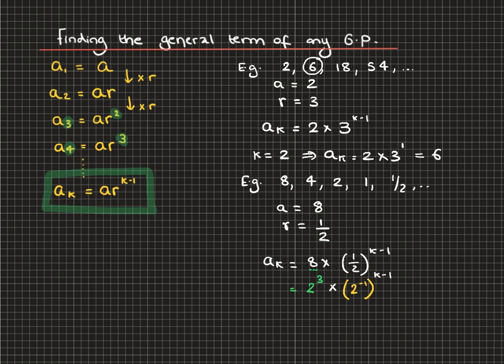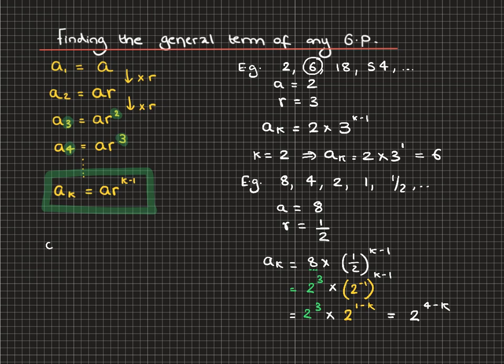So I can now simplify this a little bit further. So this is 2 cubed multiplied by, and remember, if we're working out an index raised to a power, we multiply the indices together. So this becomes 2 to the power of 1 subtract k. And then, of course, we can add our indices, which gives us 2 to the power of 4 minus k.